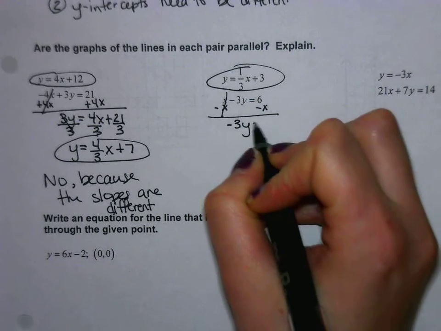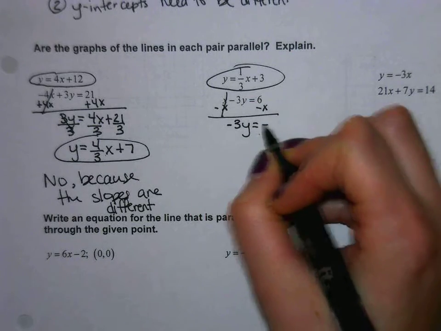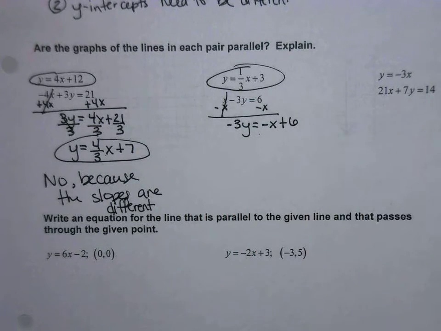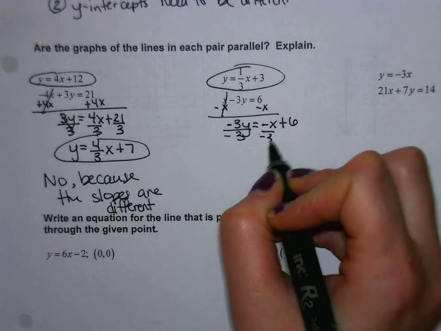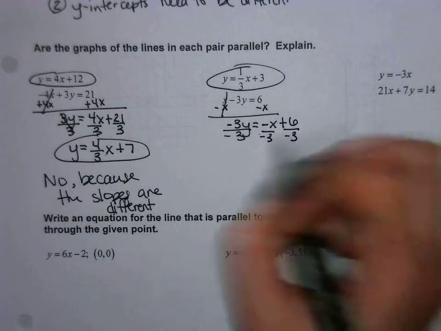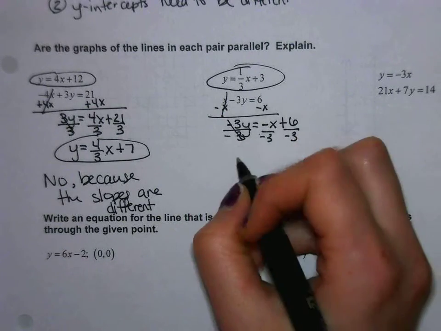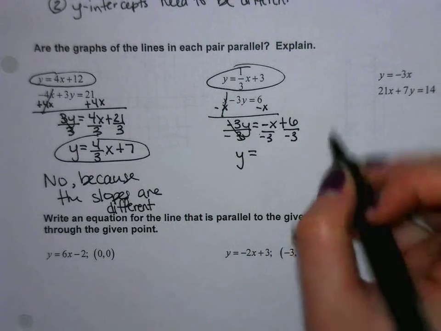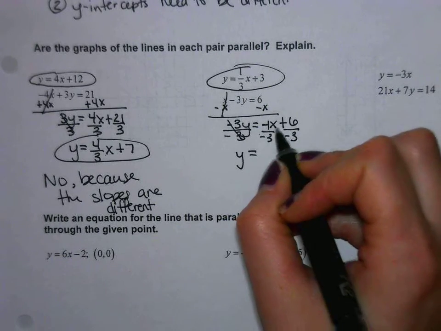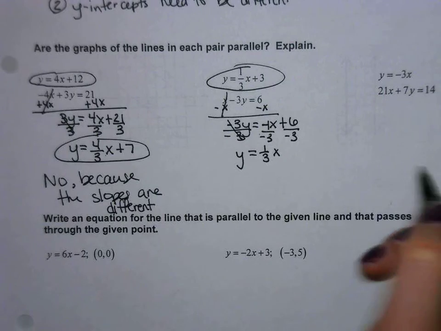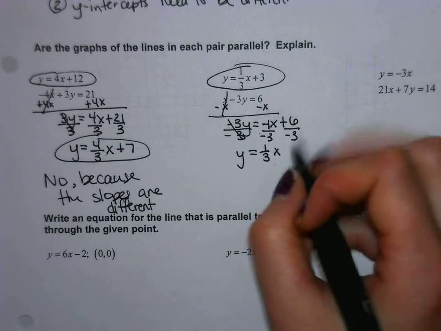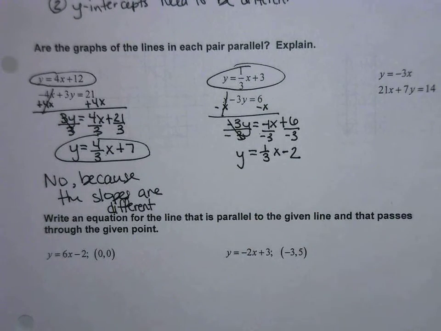Negative 3y equals negative x plus 6. So our last step would be to divide everything by our negative 3. So negative 3 divided by negative 3 is a positive y. Negative 1x divided by negative 3 is a positive 1/3 x. 6 divided by negative 3 is a negative 2.